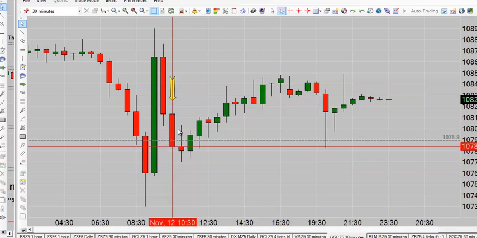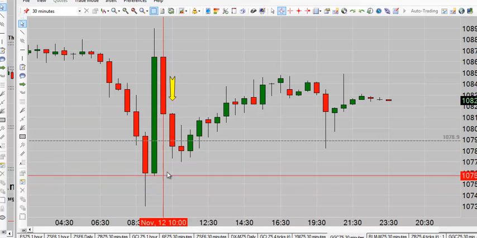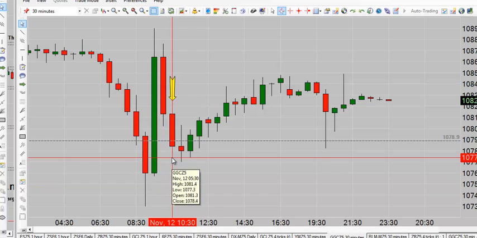So in the first half hour, okay, this is the 1030 candle. In the first half hour, we dropped to a low of 77.3. 78.9 minus 77.3.